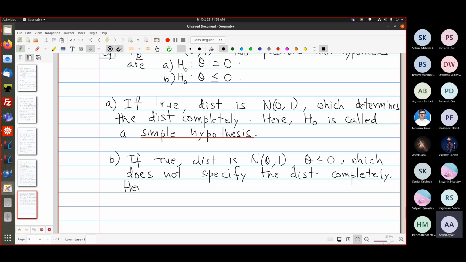And here H0 is called a compound hypothesis, because you have to do more to determine the distribution.